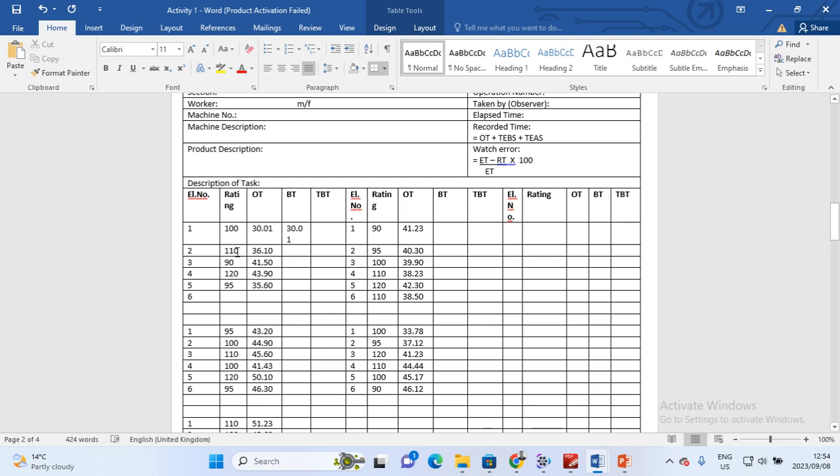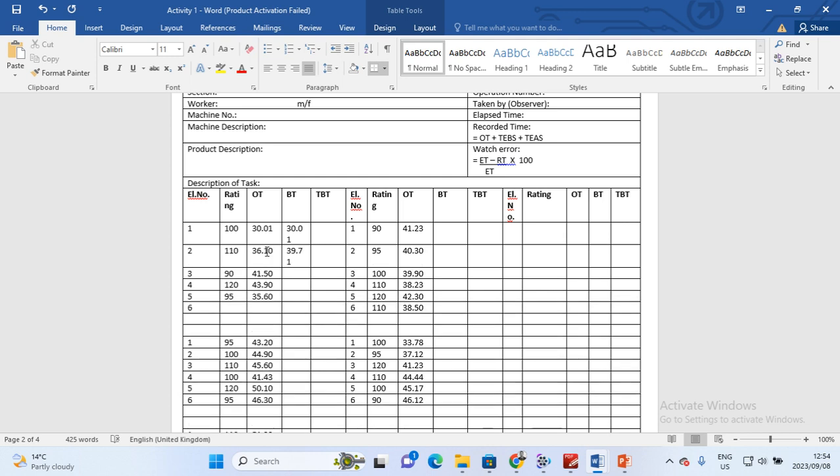It's going to be 110 multiplied by 36.10. You divide it by 100. The answer should give you 39.71. We carry on. Same thing. You're going to take 90 multiplied by 41.50.